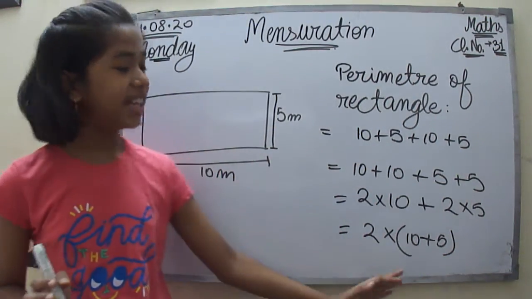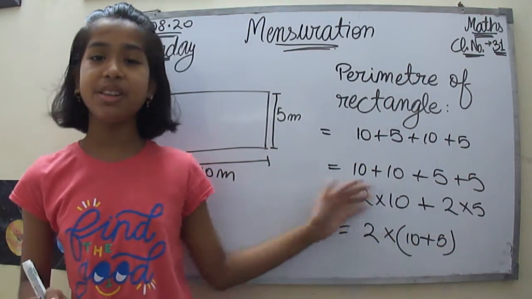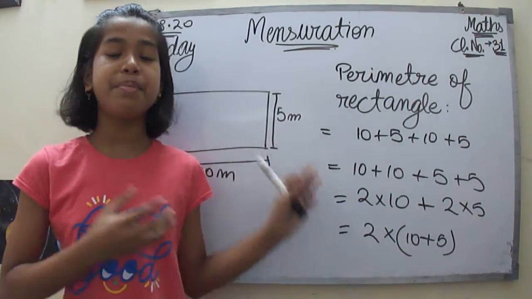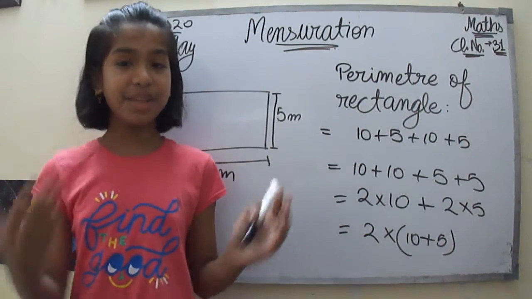Now it is very simple. So 10 plus 5 is 15, into 2 is 30. So that's how we get the formula of the perimeter of a rectangle.